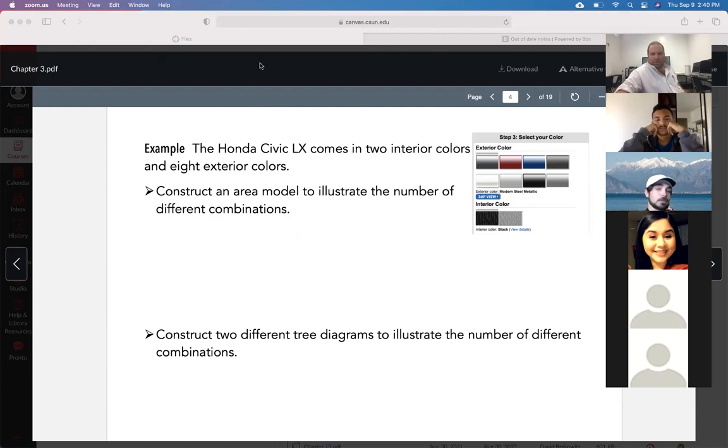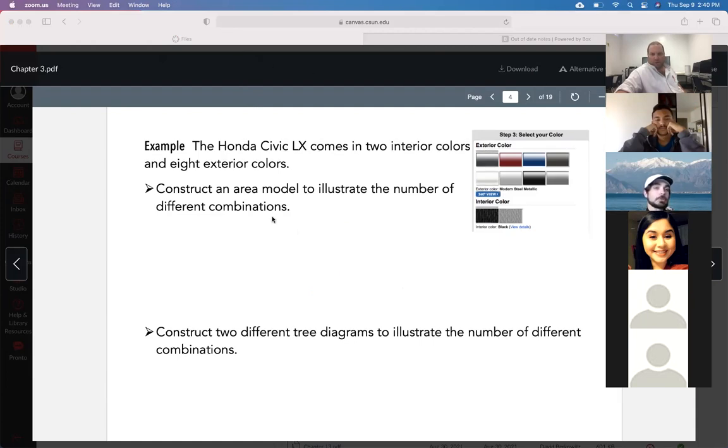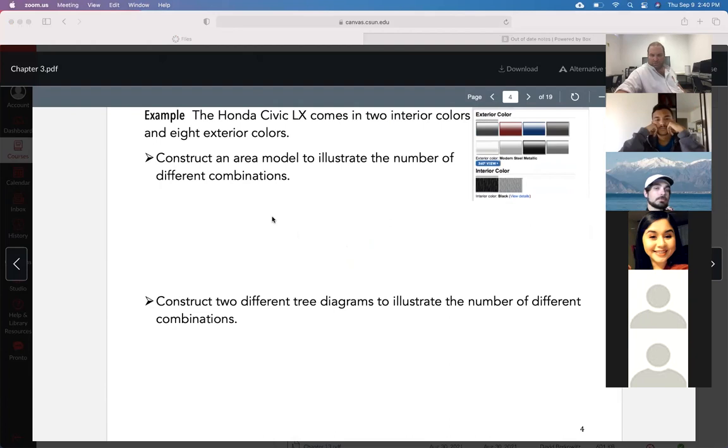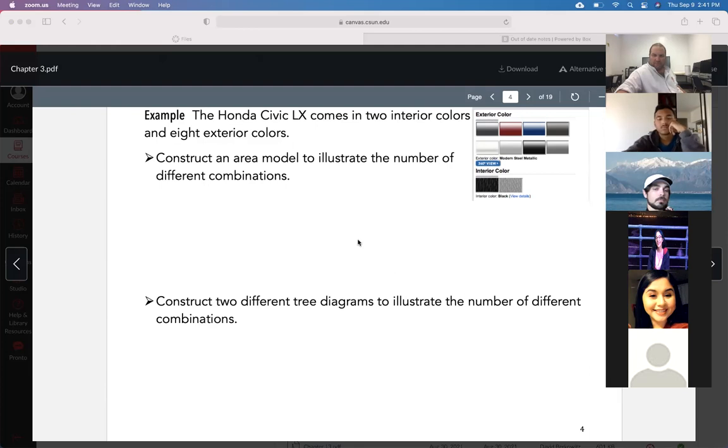Okay. What about a tree diagram? Could we make a tree diagram with the same scenario? Yes. Which would you prefer as your first choice, exterior or interior? Interior. And why? It's only 2 choices.